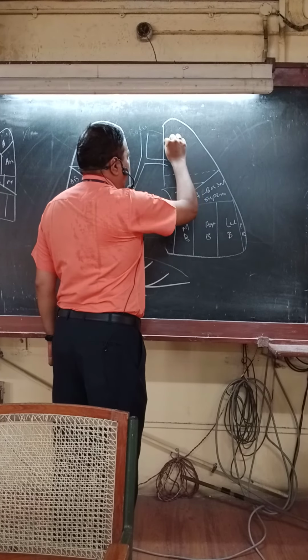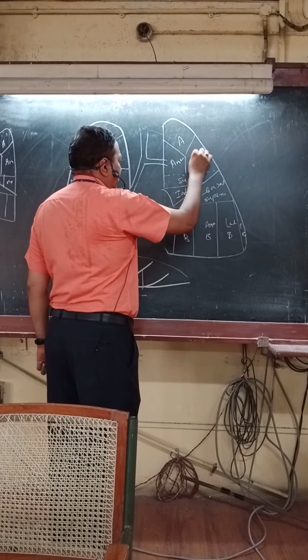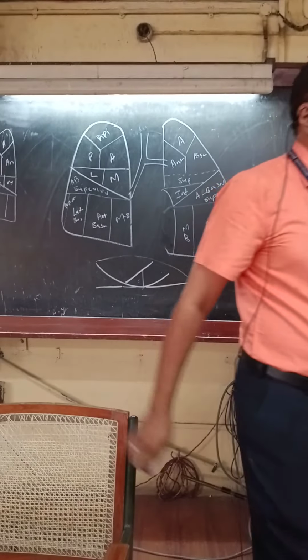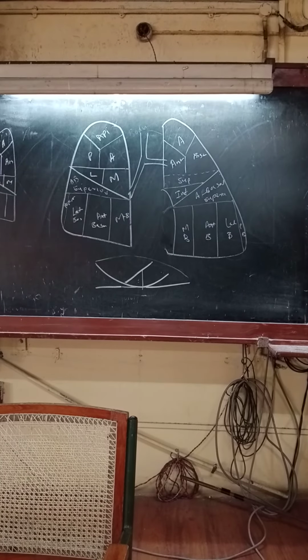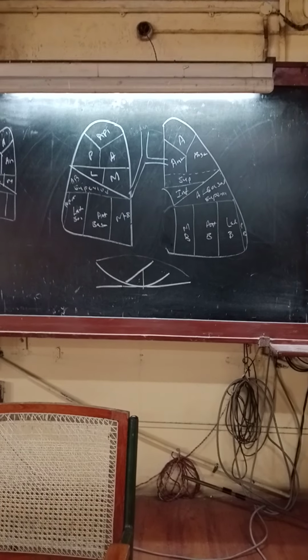Because up here is apical, anterior and posterior bronchopulmonary segment. Okay, there is superior and inferior. There is apical basal or superior. Okay, anterior basal, medial basal, posterior basal and lateral basal. Okay, so that's all about the bronchopulmonary segment.